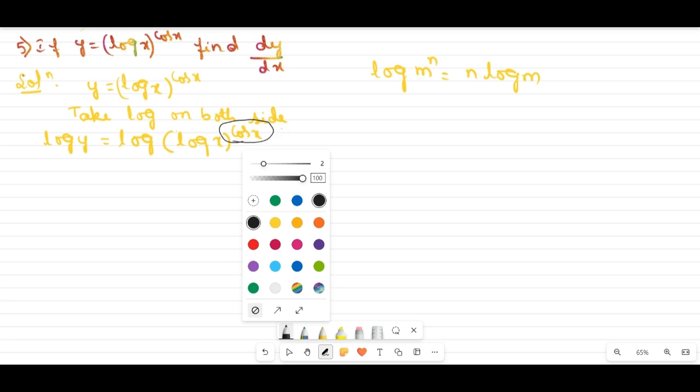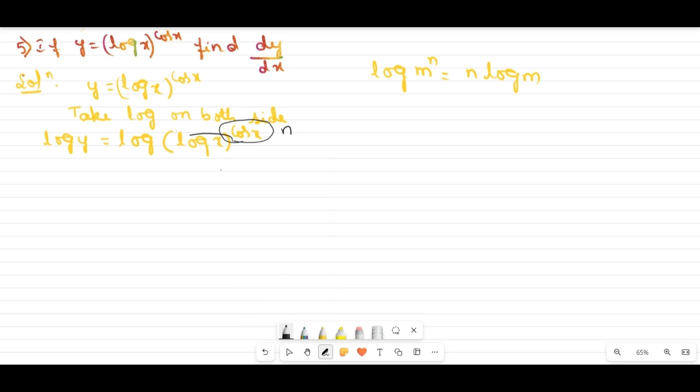This is actually n, and this is m. Be careful while writing. Before differentiating, I'm applying the property: cos x log x.